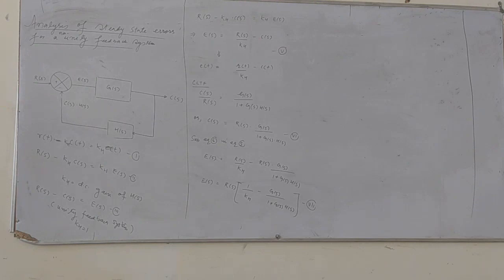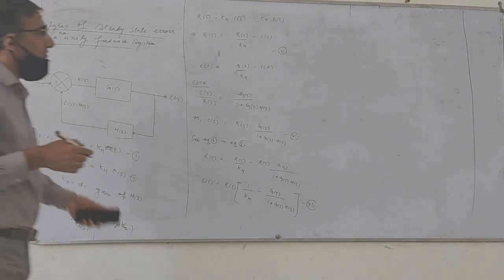Now, if we have to find the steady state error, how do we find it? e_ss at infinity will be s E(s). You can write it from the final value theorem, which you already know is normally used. Next is the steady state error from the final value theorem.